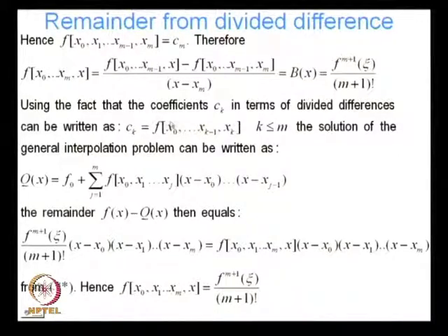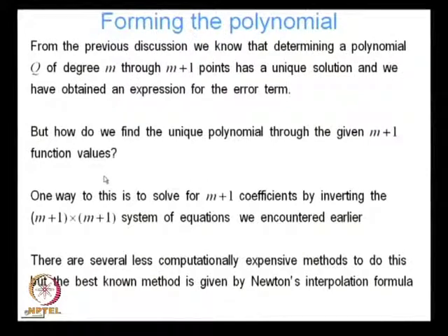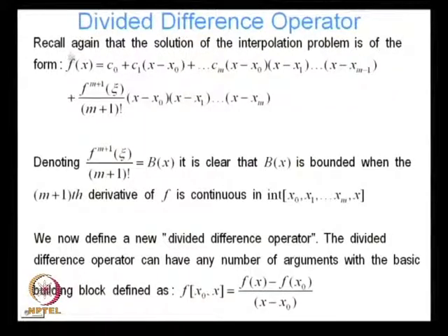Now, using the fact that the coefficient Ck can be written in terms of divided differences like this, the solution of the general interpolation problem can therefore be written like this. Let's go back to our solution of the general interpolation problem. Everywhere I am going to replace my coefficients by the appropriate divided difference operator.